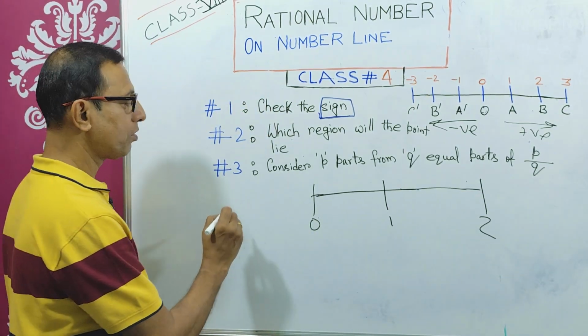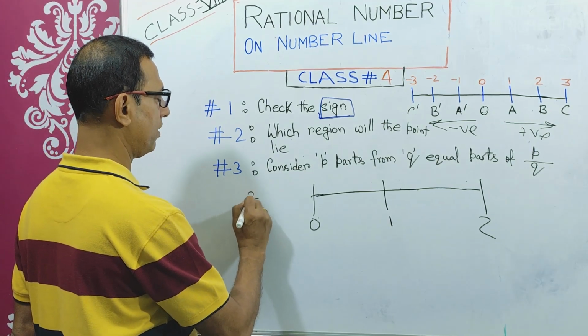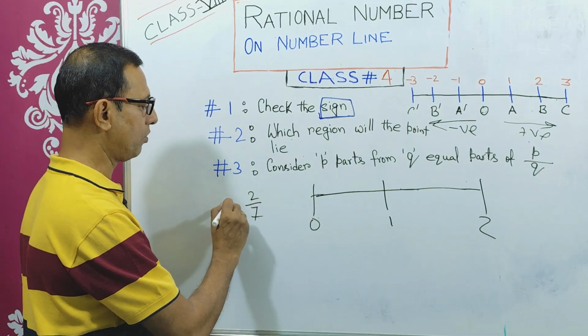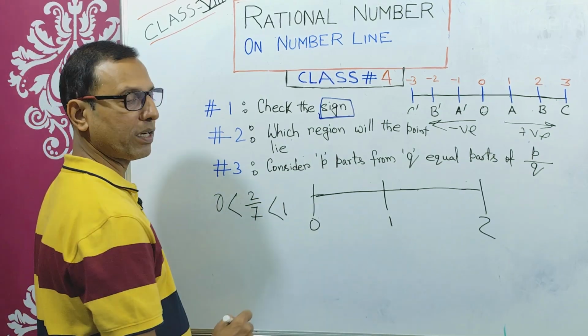You need to find 2 by 7. If it is 2 by 7, that means it is between 0 and 1. It is greater than 0 and less than 1. So in between 0 and 1.